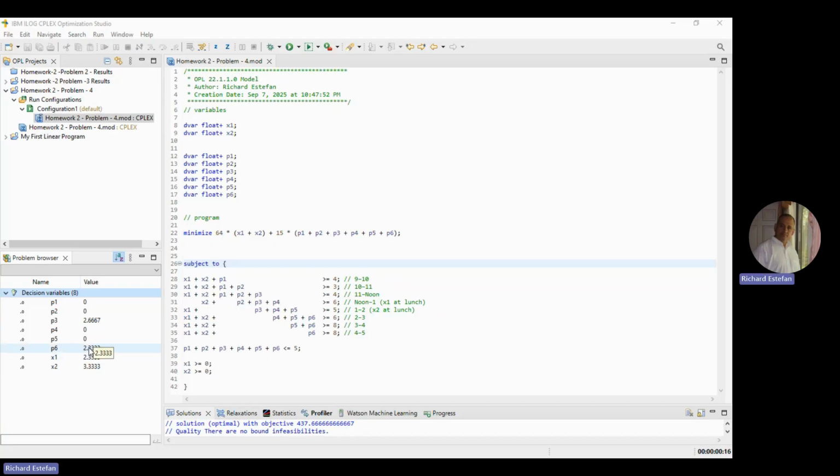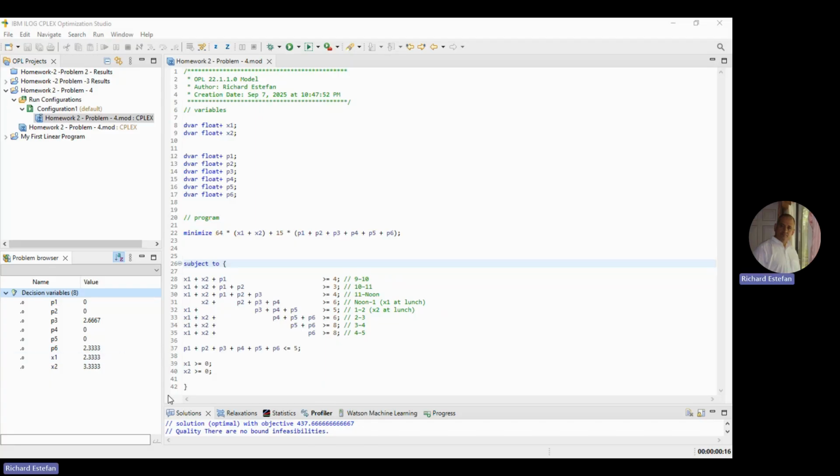We should actually consider rounding down to 2 full-time employees in order to report a more realistic number. In addition, for those full-time employees represented by X2, which went to lunch between 1 p.m. and 2 p.m., the generated value was 3.3333. In this case, we should actually consider 3 full-time employees to be more of a realistic number.